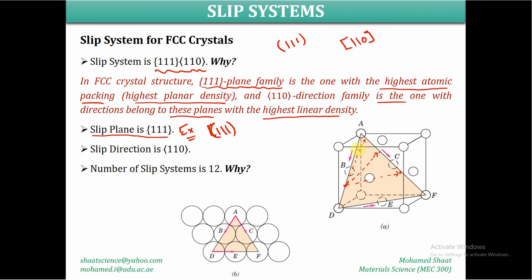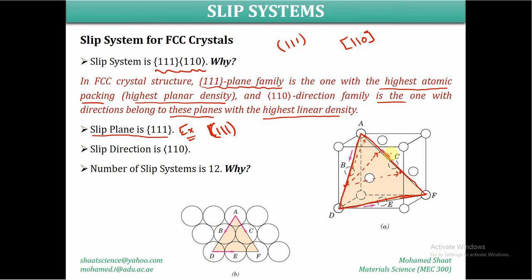These directions are the directions that belong to this edge, whether going down or up, another direction that belongs to this edge, whether it goes right or left, and another direction that belongs to this edge, whether it goes up or down.